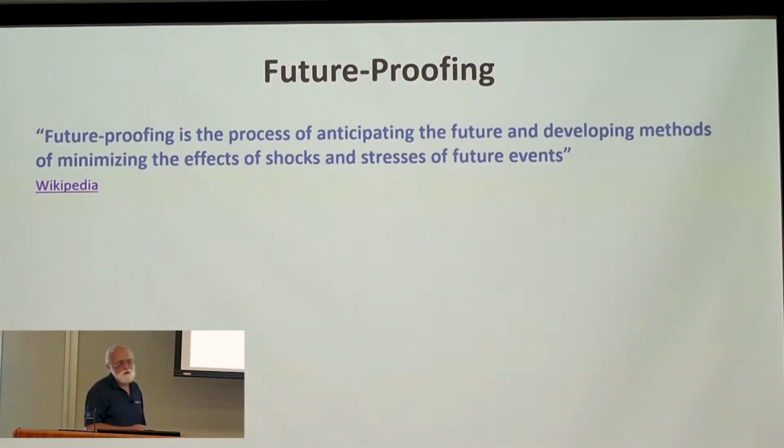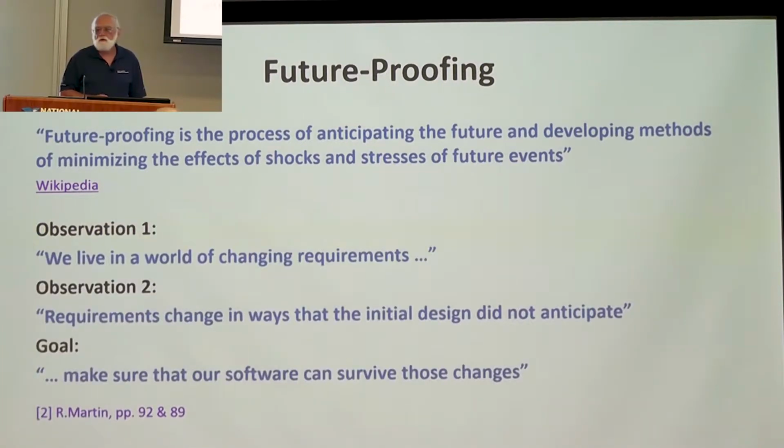The topic is future-proofing. This is a Wikipedia version. Future-proofing is the process of anticipating the future and developing methods of minimizing the effects of shocks and stresses of future events. It relates to any domain. If you look at the first Uncle Bob's book, I took out 3 snippets. The first observation is we live in a world of changing requirements.